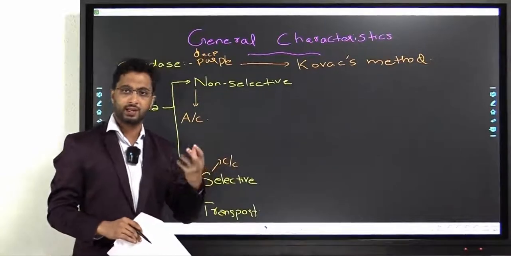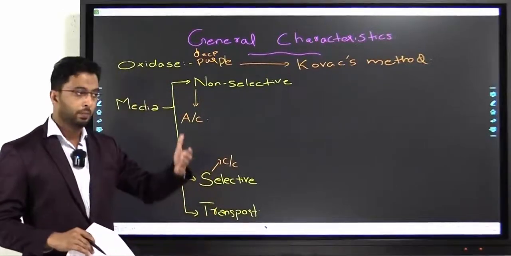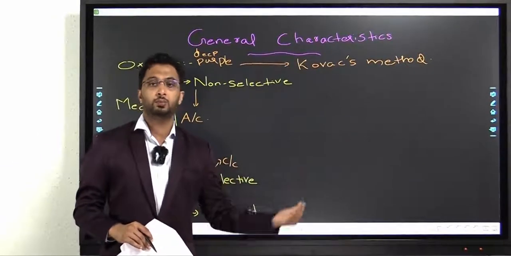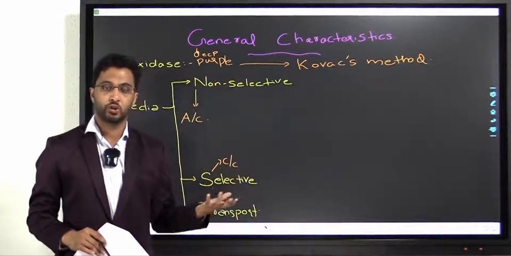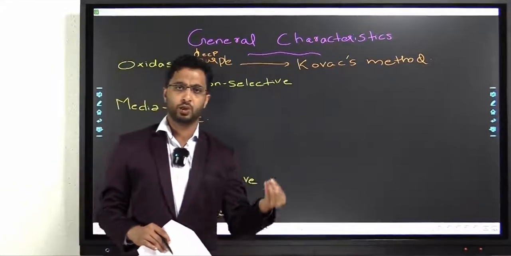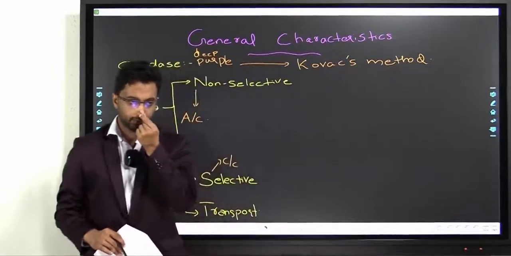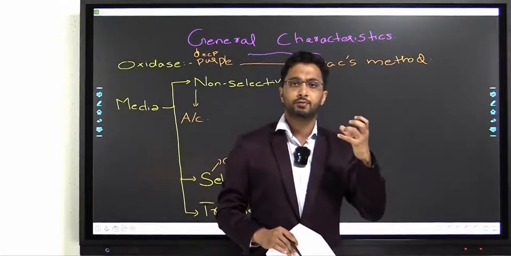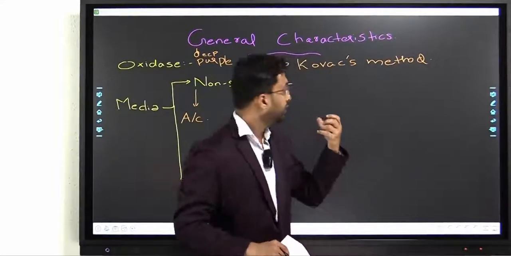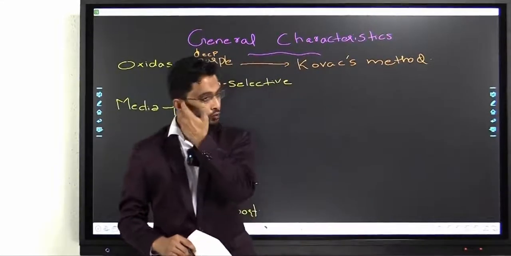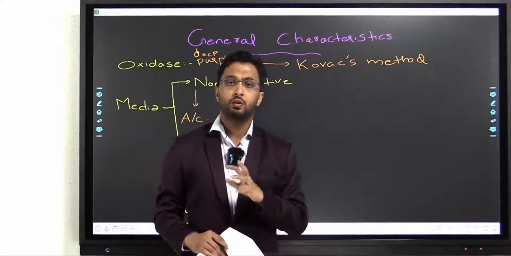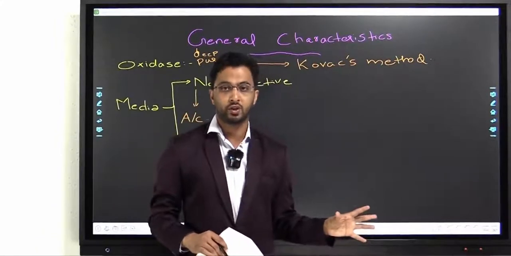If the organisms are very few, or if it's a mixed culture where you see other diplococci, staphylococci, or streptococci, you have to use a selective medium. A very typical example is gonorrhea itself. The vagina or the cervix of females contains lots of other mixed organisms.